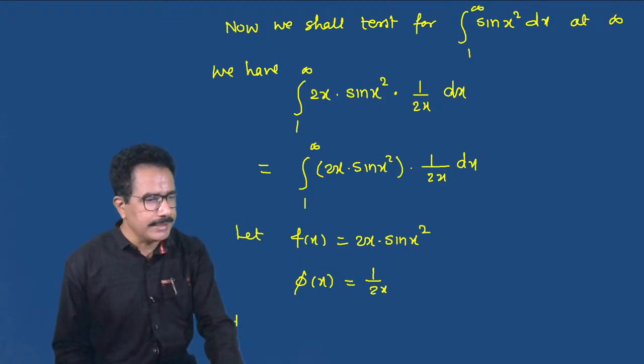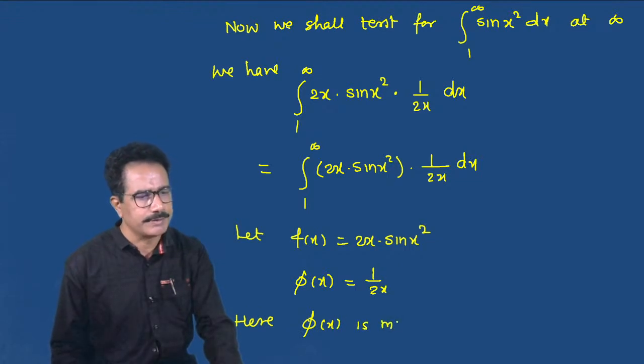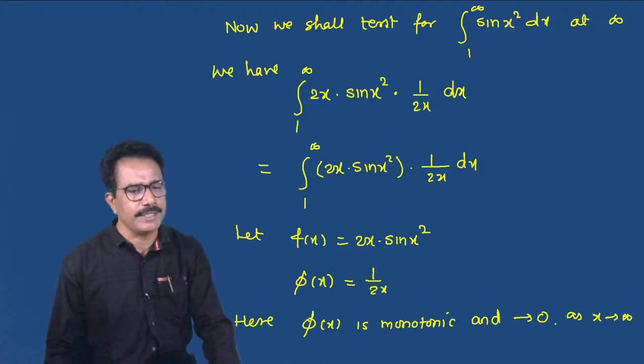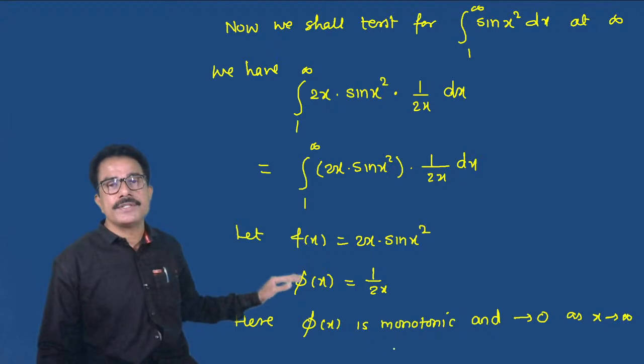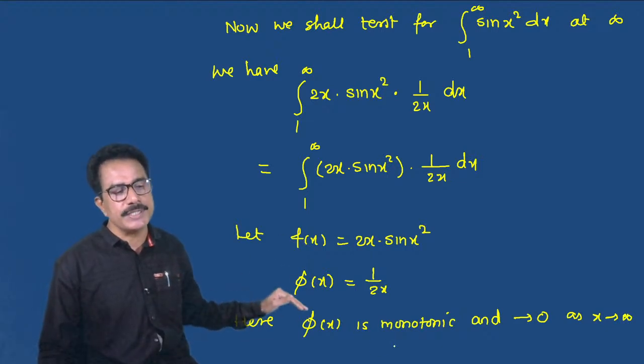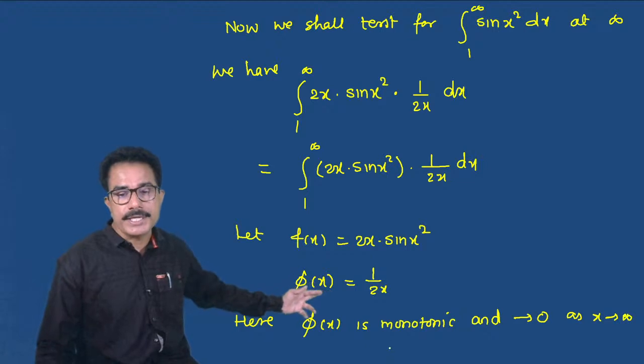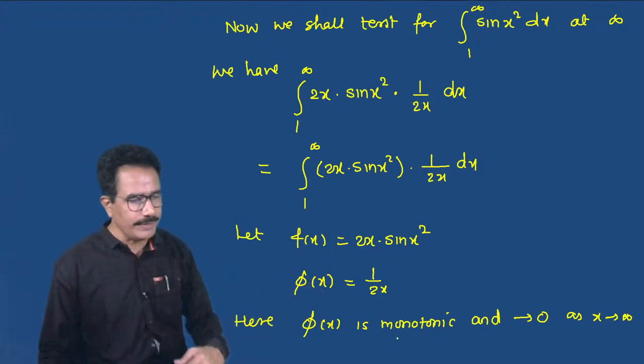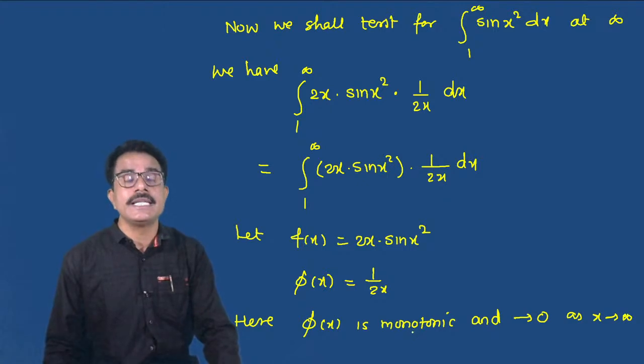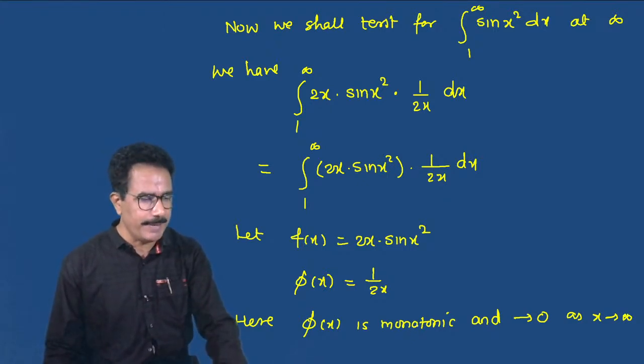Now here phi of x is monotonic and tends to 0 as x tends to infinity. Phi of x is monotonic, it is a decreasing function, and this function tends to 0 as x tends to infinity. So according to Dirichlet's theorem, see that it is satisfied.